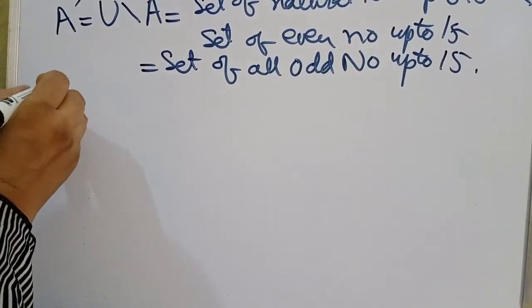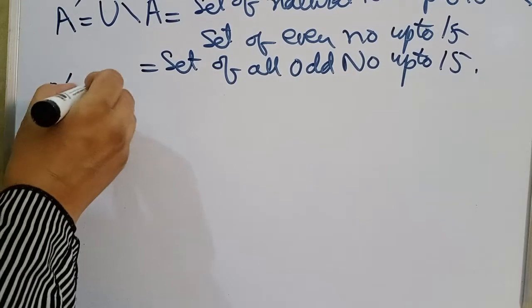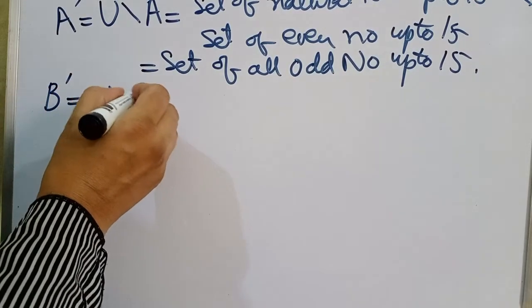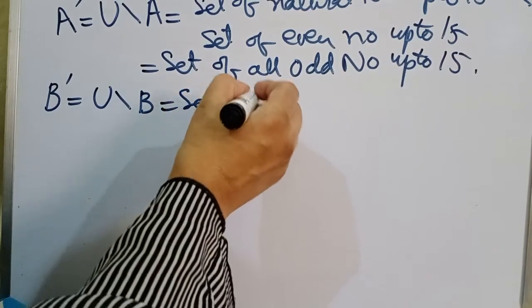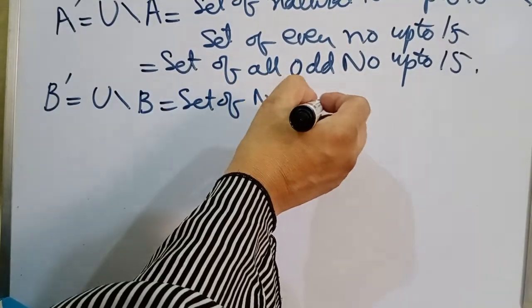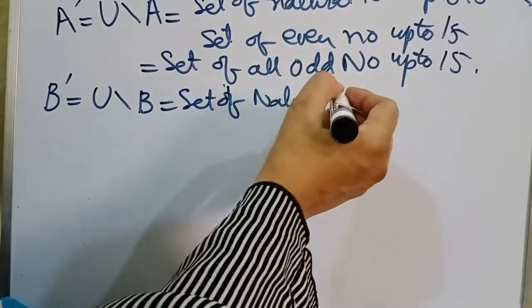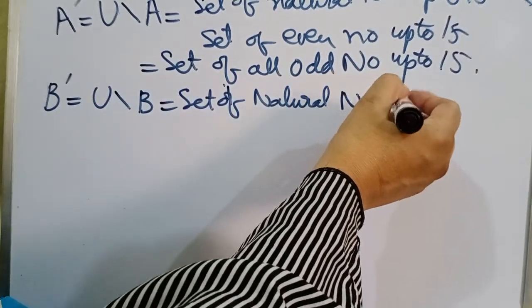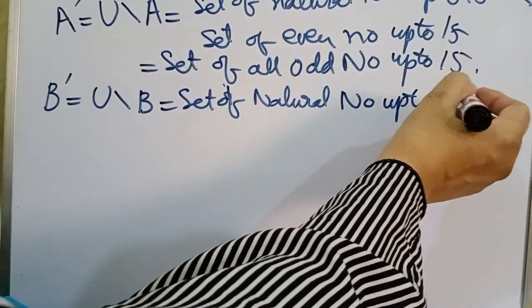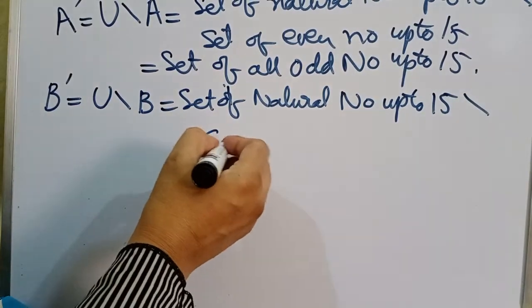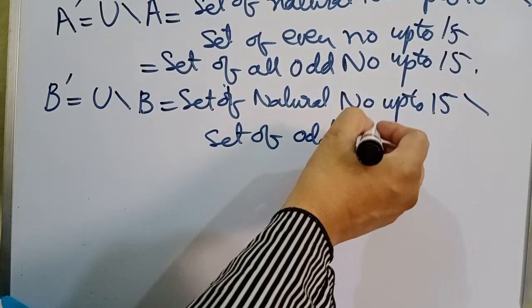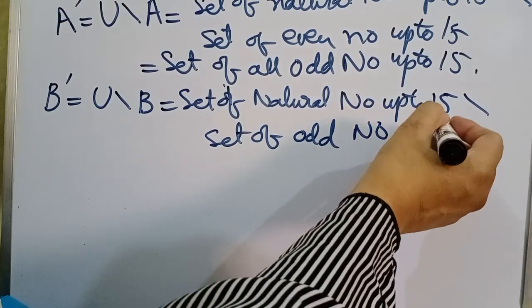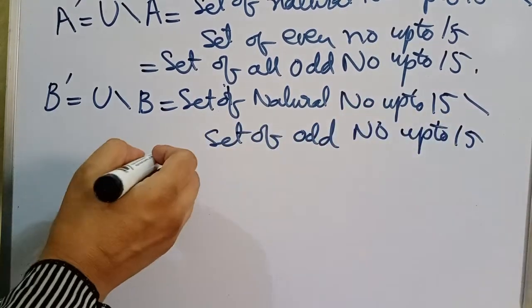Next, B complement is equal to universal set minus set B. This is equal to set of natural numbers up to 15 minus set of odd numbers up to 15.